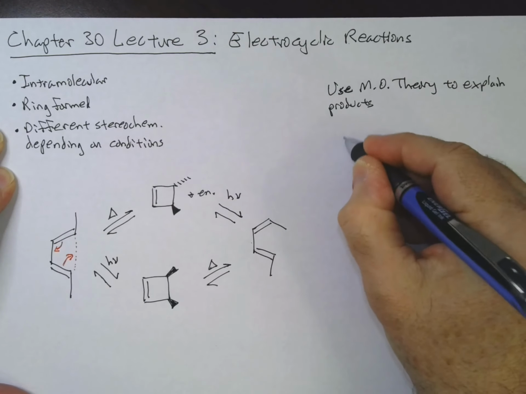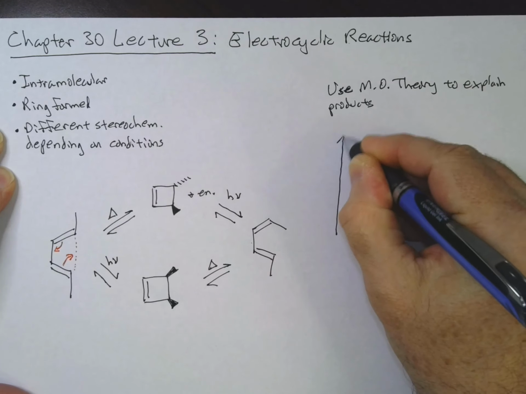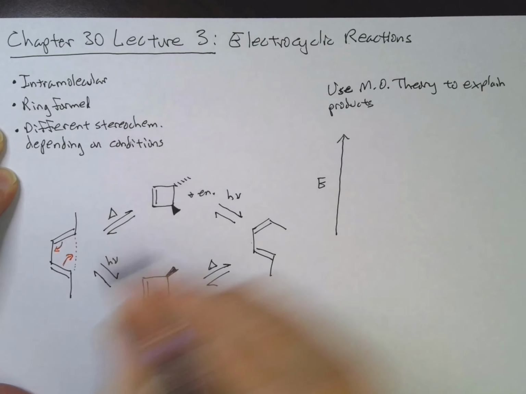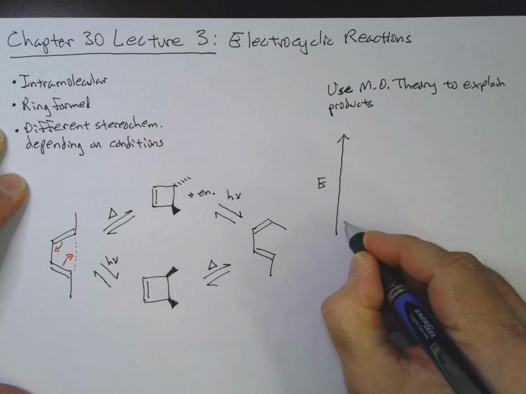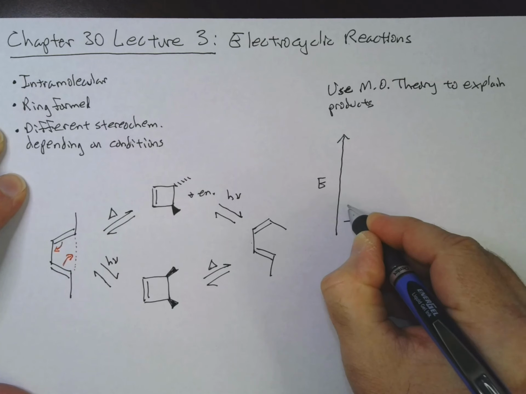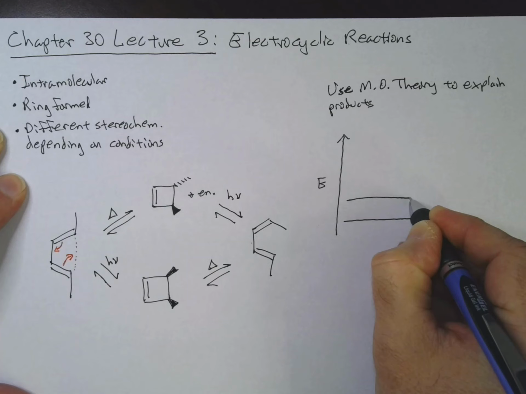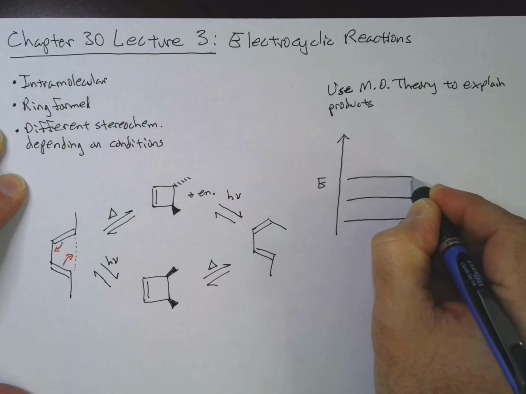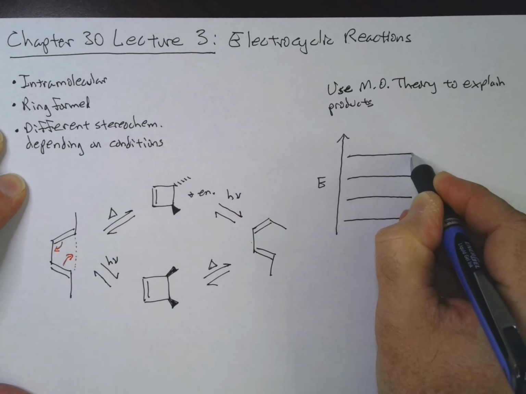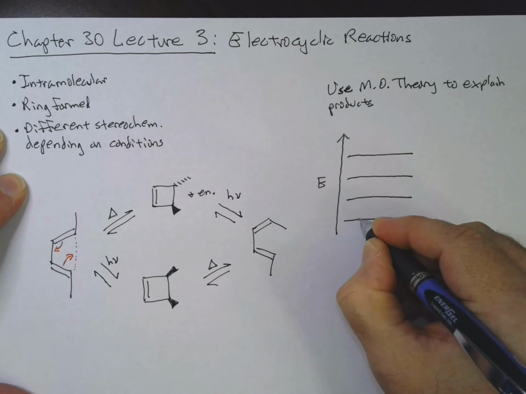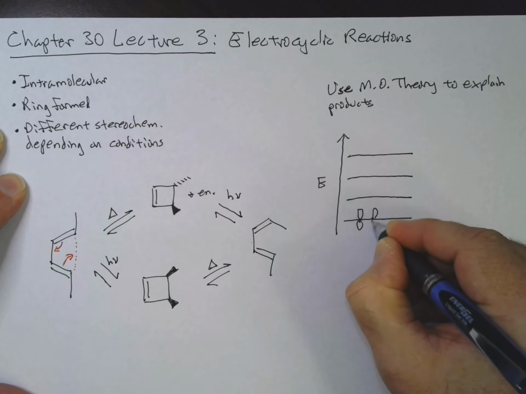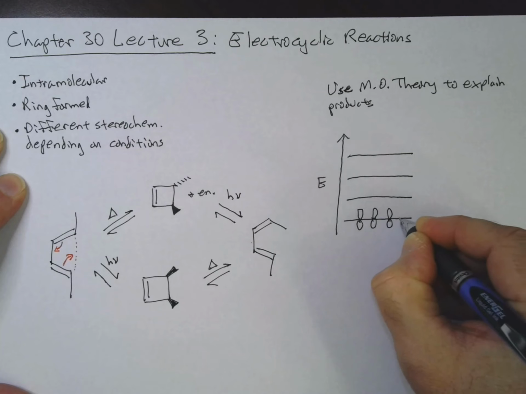All right, so let's take a look at our diene. Here's our diene, and we will have 1, 2, 3, 4. I'll go ahead and put in my p orbitals here.